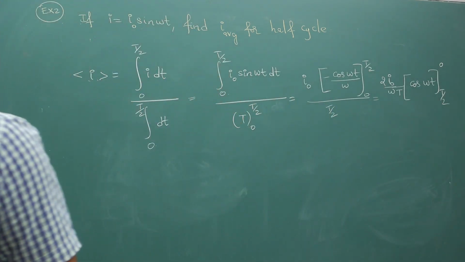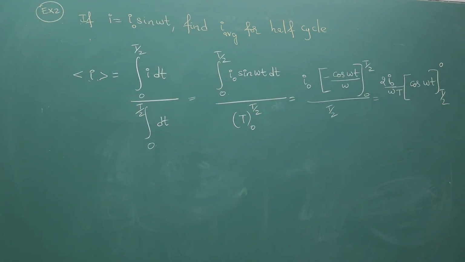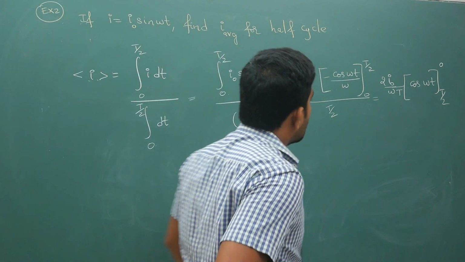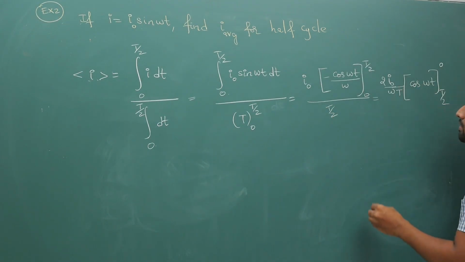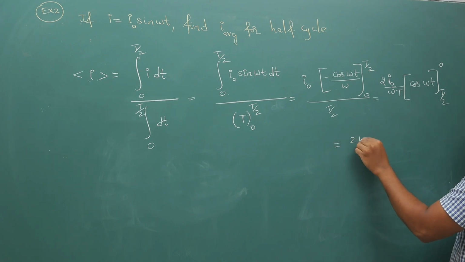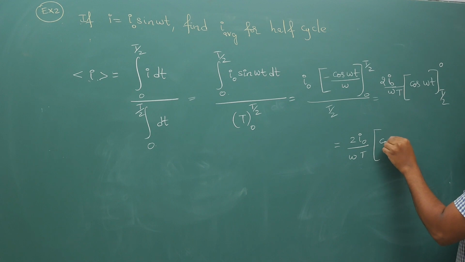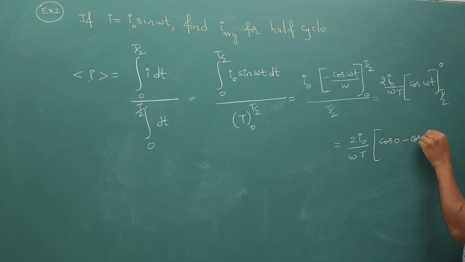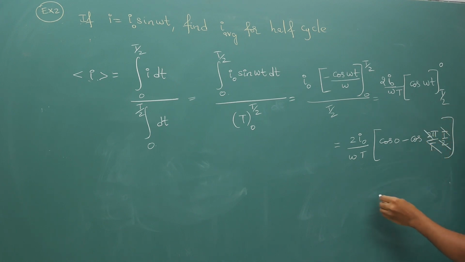Now let us simplify this result. So 2 I naught by omega into T times cos 0 minus cos of 2 pi by capital T into T by 2. T will cancel off.